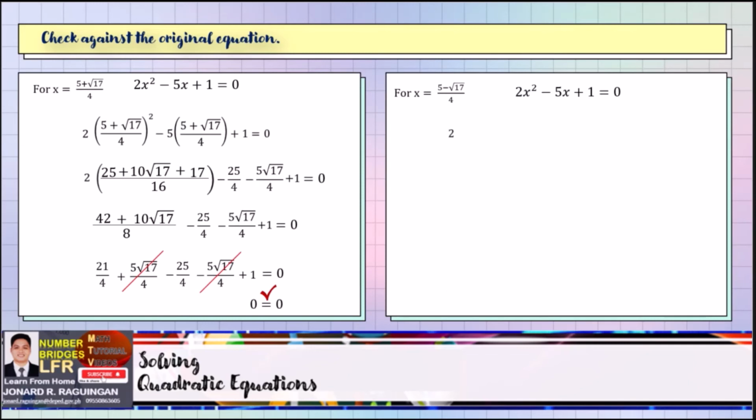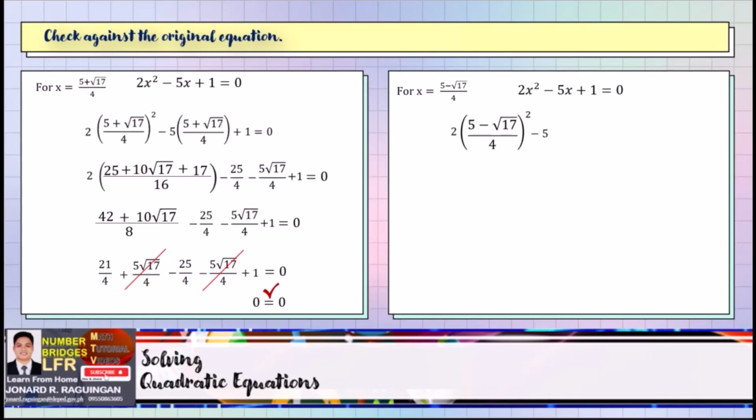That is 2 times the value of x, which is 5 minus square root of 17 all over 4 squared, minus 5 times the value of x, which is 5 minus square root of 17 all over 4 plus 1 is equal to 0. And simplify.